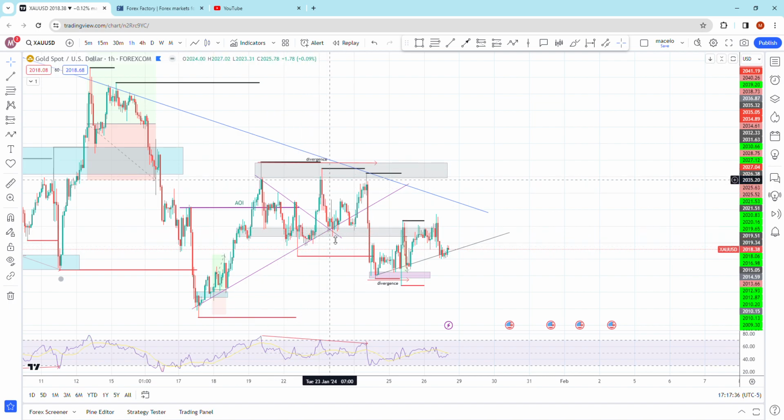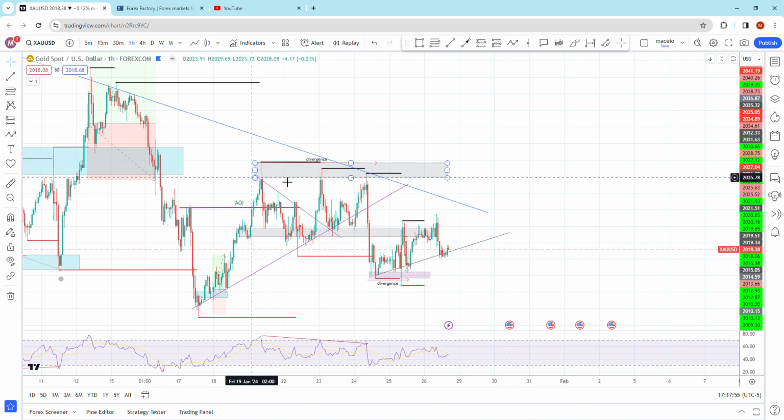Price pushed up. After you saw price didn't respect this, and you saw price broke this downtrend line here, you see we came back to retest this zone. You could have initially taken a buy back only to this area.